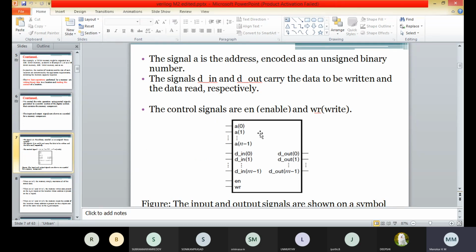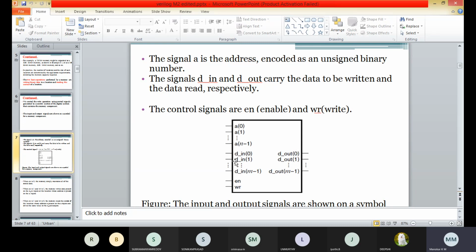Here a memory of a certain capacity can be organized in different ways by varying the number of locations and the number of bits per location.